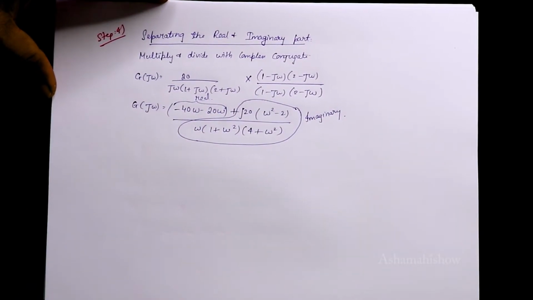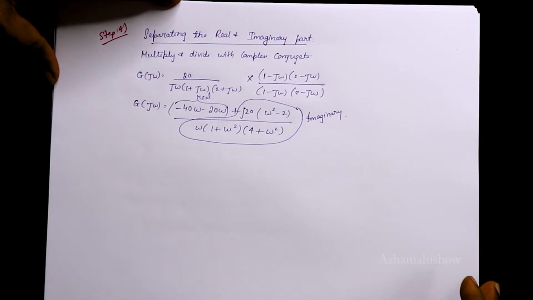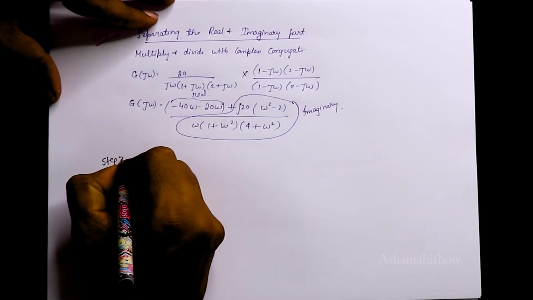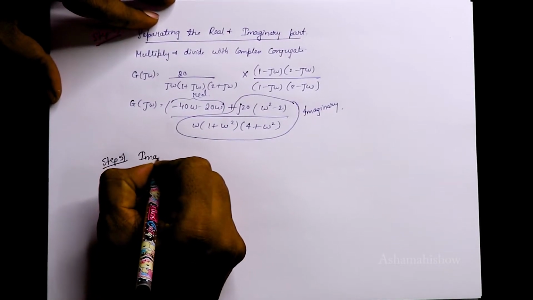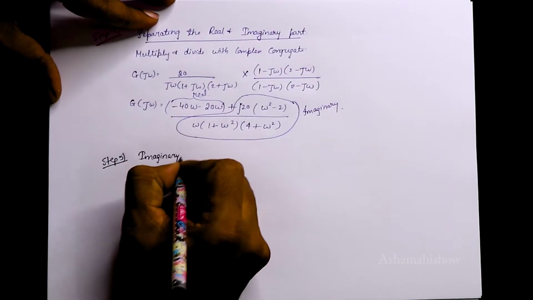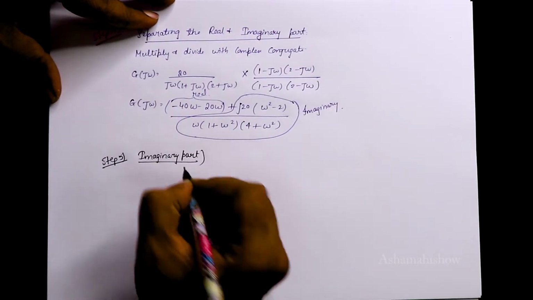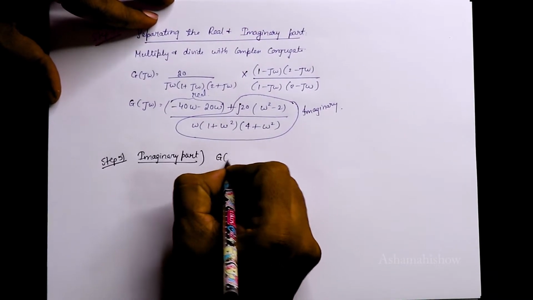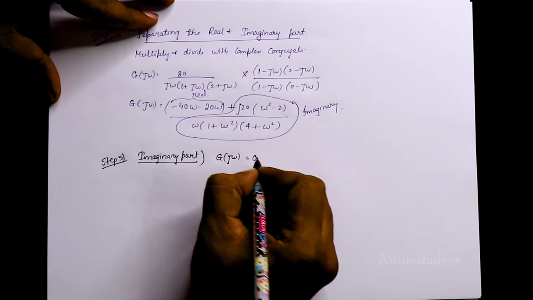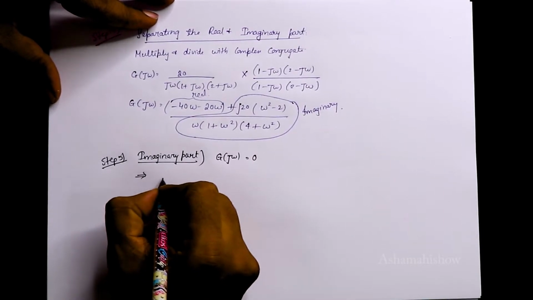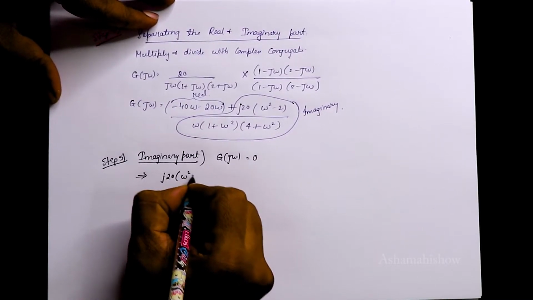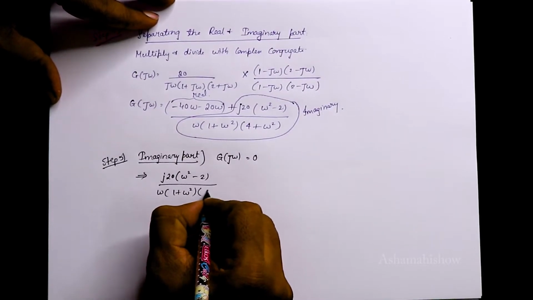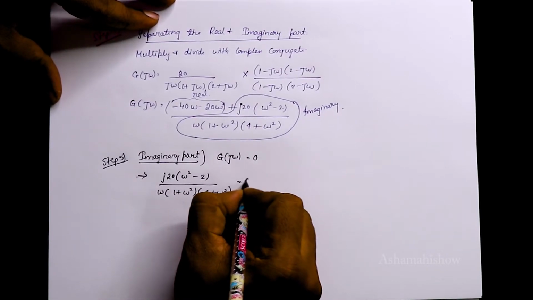So your step number 5 is taking the imaginary part. What is the imaginary part we get? And you need to equate that to 0. So this implies 20 into omega square minus 2 by omega into 1 plus omega square into 4 plus omega square equal to 0.